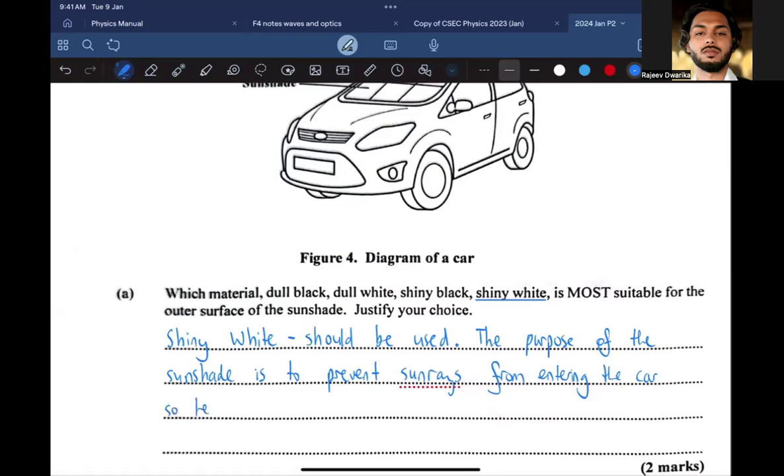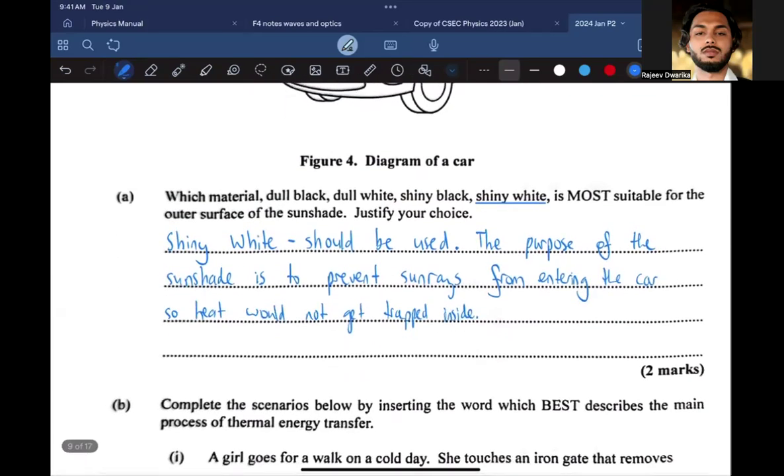So heat would not get trapped inside. Right?